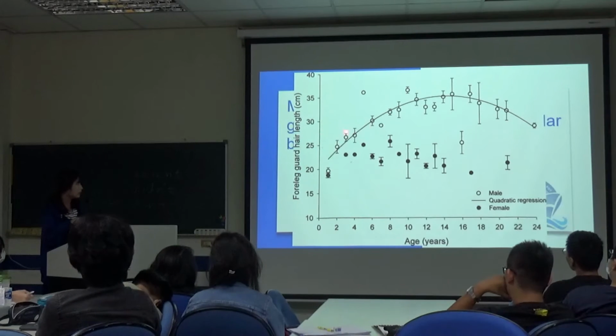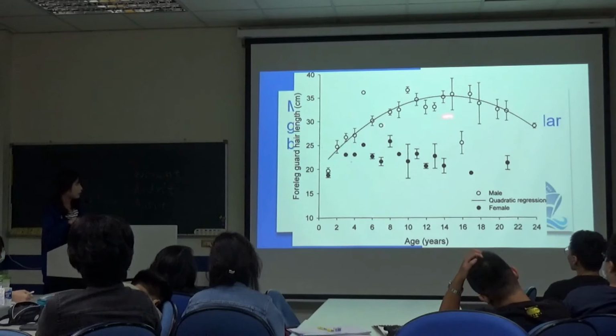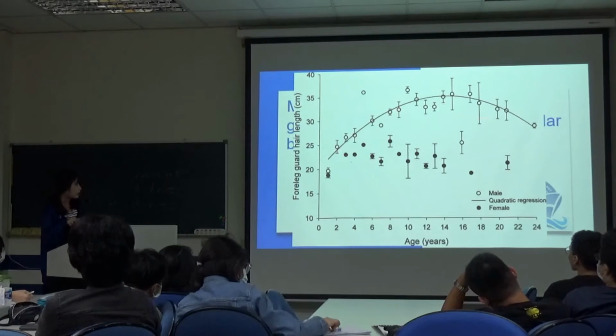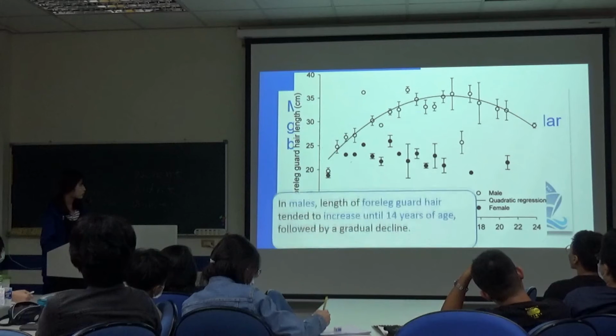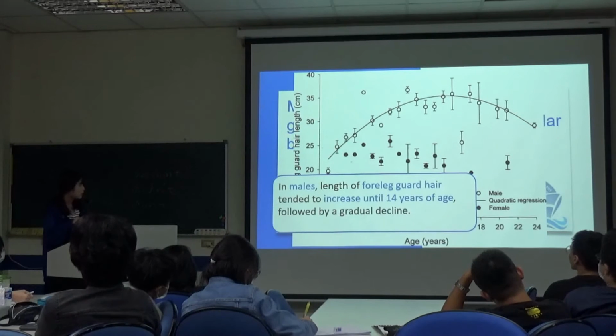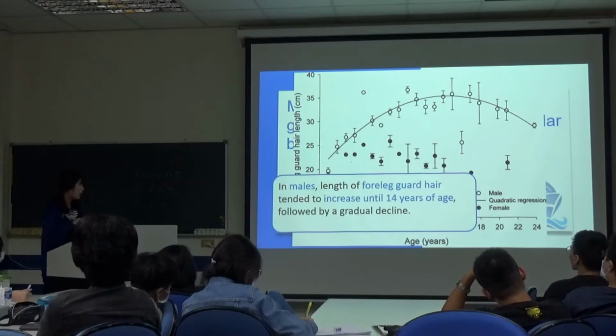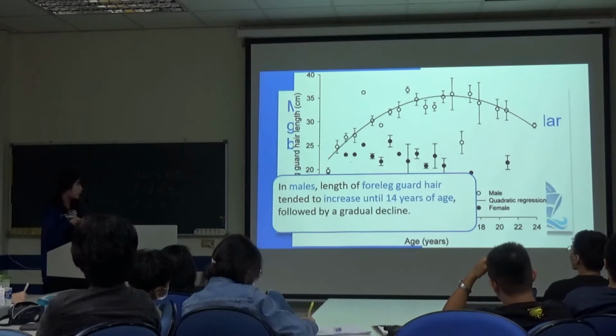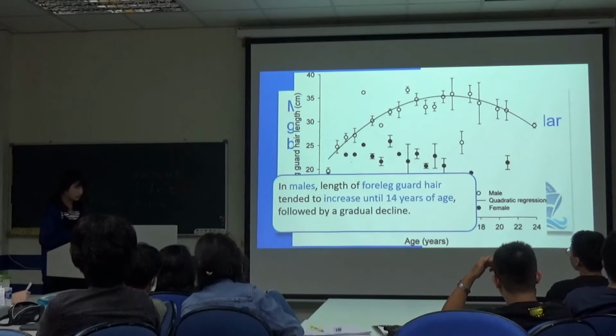You can see only males have a regression line. So in males, the length of foreleg gray hair tends to increase until 4 years of age, followed by a gradual decline.